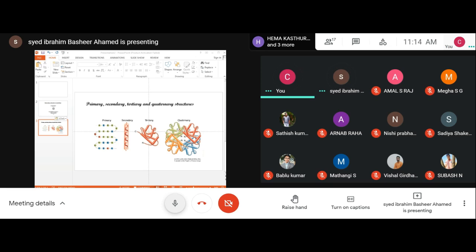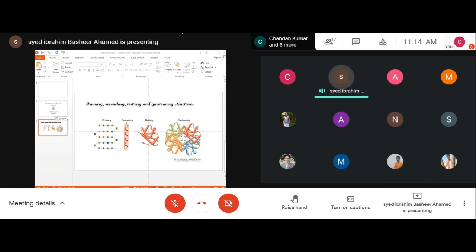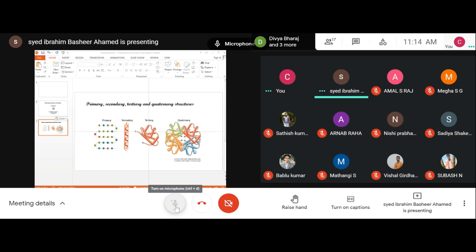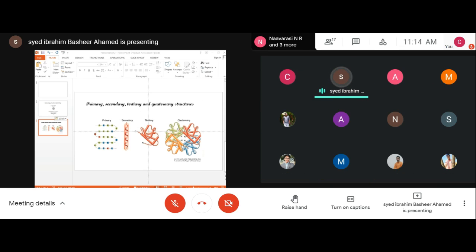Why? Polar amino acid. So what atom do you have? Okay, so you have some nitrogen. So glutamine is not a hydrophobic amino acid, you have the nitrogen. Glutamine has nitrogen, but glutamate does not have the nitrogen, right?